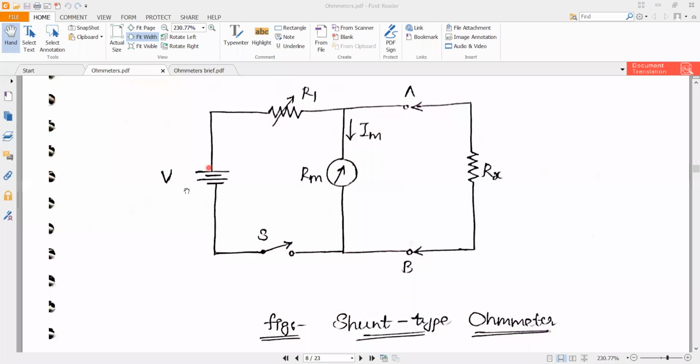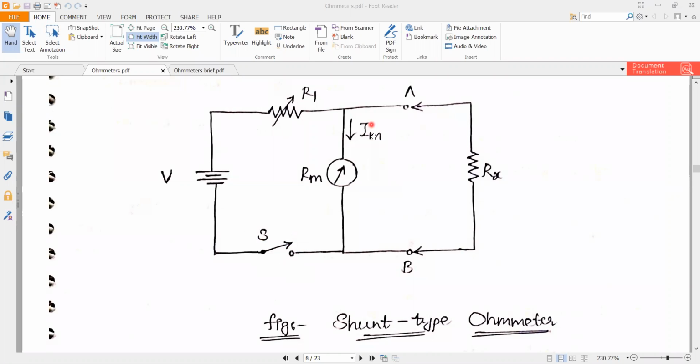Battery is provided here, that is the voltage supply, and a PMMC meter. The internal resistance of this PMMC meter is Rm, and a current limiting resistor R1 and switch S are placed. We are going to consider this switch S as in the closed position for the entire working of this circuit.